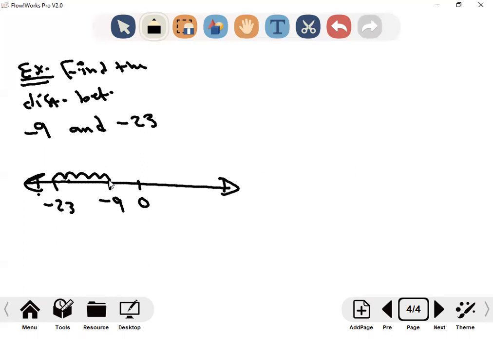So the distance here is 14. We have 14 units between negative 9 and negative 23. Same as with the positives. It's the same.